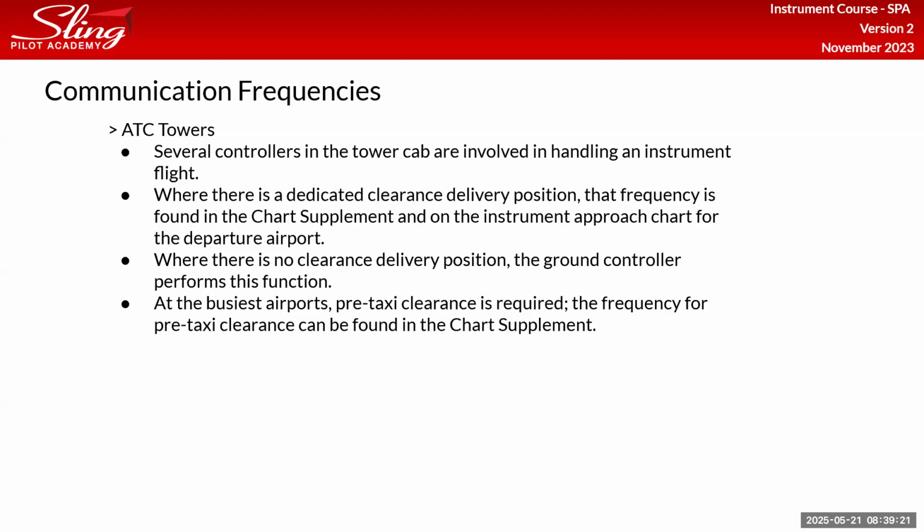If they're too busy, they'll pass you off to clearance delivery. So ground's our typical go-to, clearance delivery if it's really busy. After we get our clearance, we can request taxi, or if we're on clearance delivery and get our clearance, we go back to ground and get our taxi instructions.